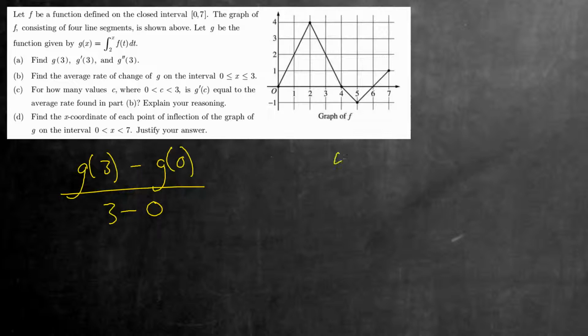G of 0 over here, it's kind of neat, is the integral from 2 to 0 of f of t. So I'm looking at this area here.